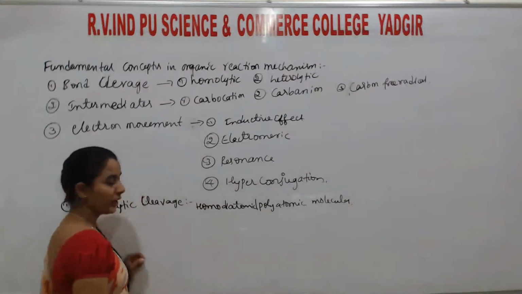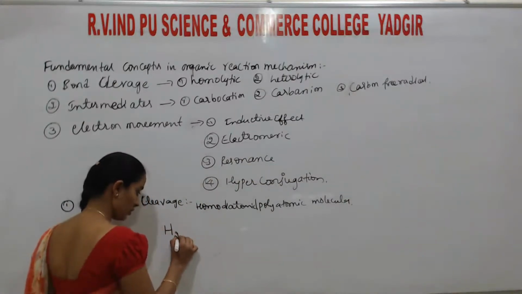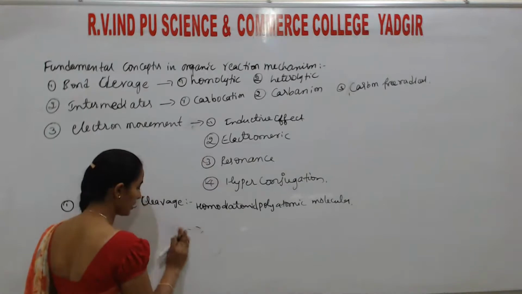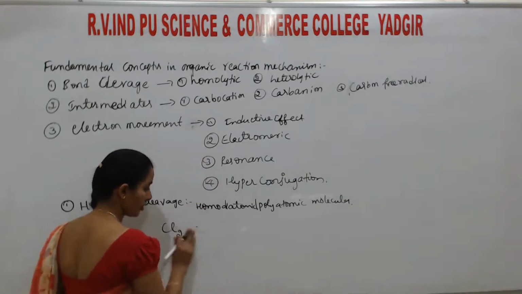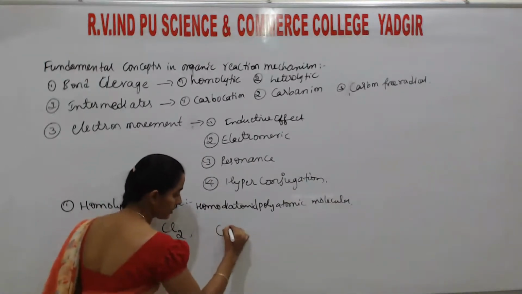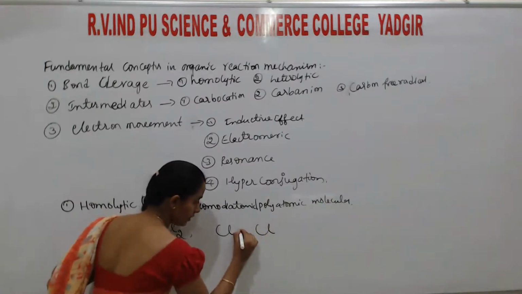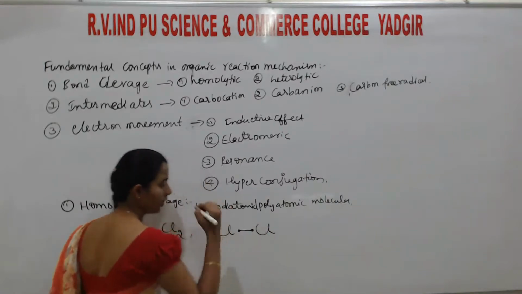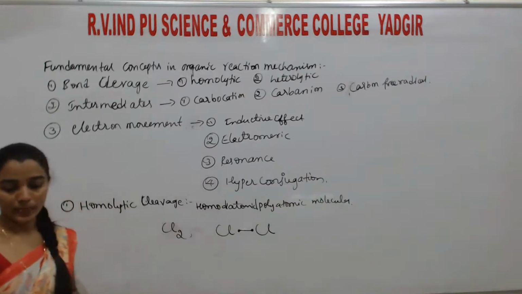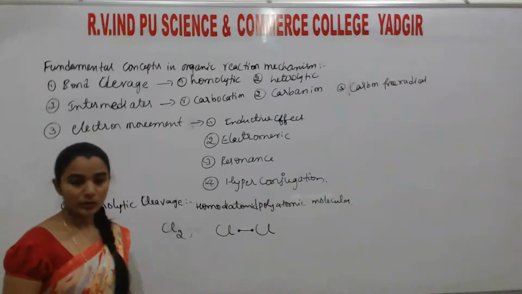Listen here, I will take Cl2, not H2. So Cl2 is written as Cl-Cl. There is a single bond between the two Cl atoms. Understand? So students, here what happens?